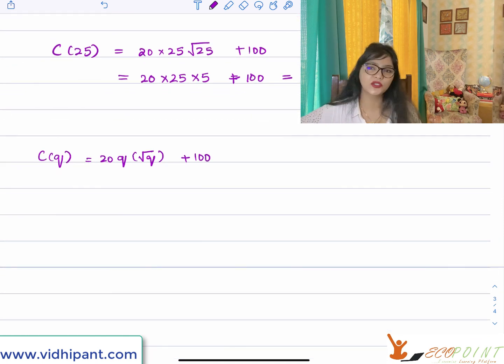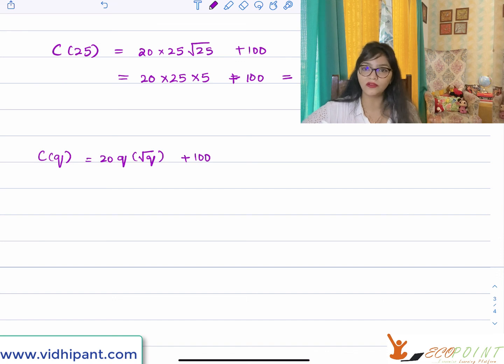And now I'm interested in figuring out the incremental cost. So incremental cost will be if I am incurring a certain amount for say 25 units, then I'll be incurring a certain amount for 26 units. So just for one additional unit, how much more cost is required?